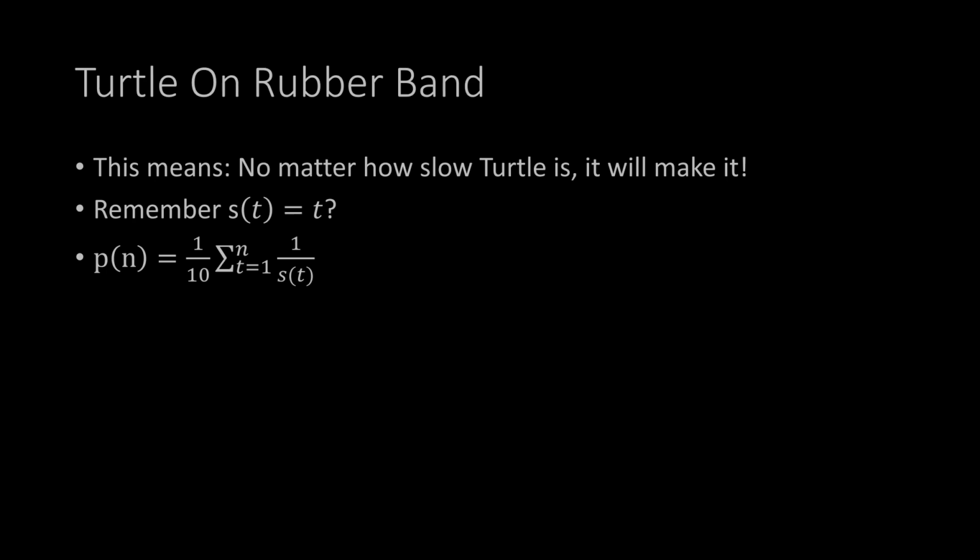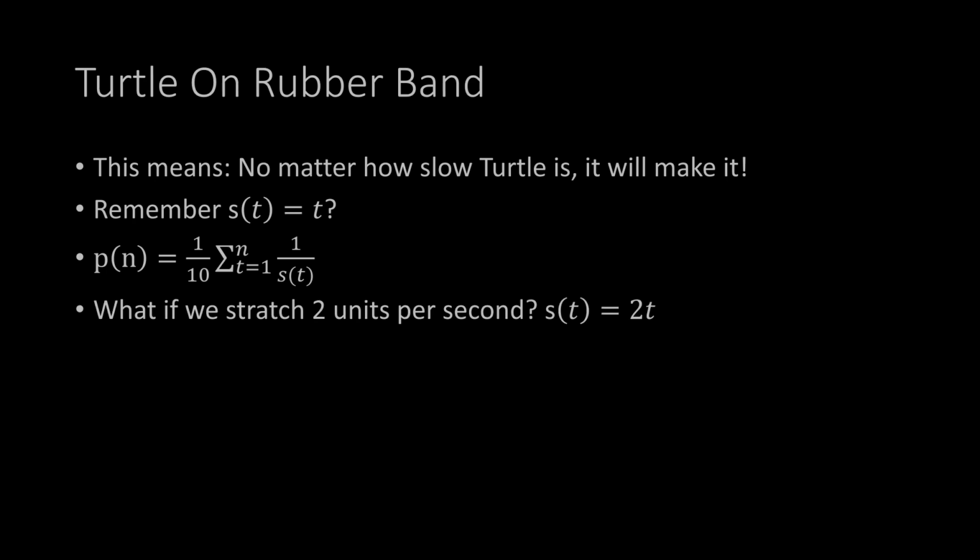So we have 1/10, which is the turtle speed, times the sum over 1 divided by s from t, where s from t is the total length at number t. So we are summing up all time steps till the iteration we are currently on, which makes perfect sense.